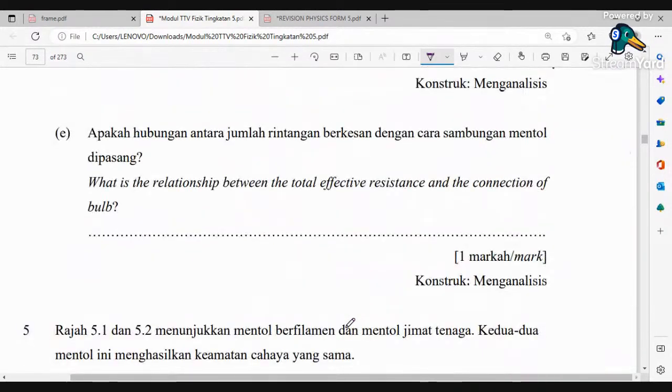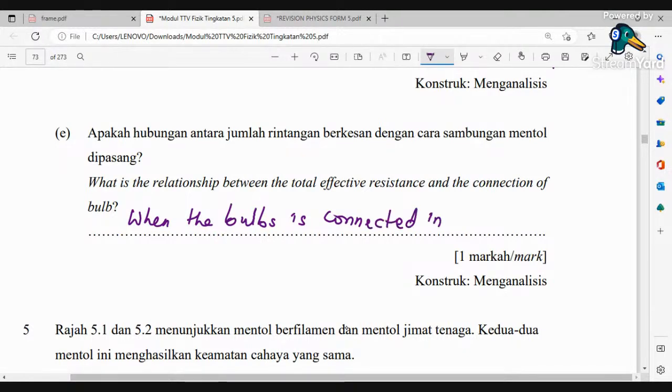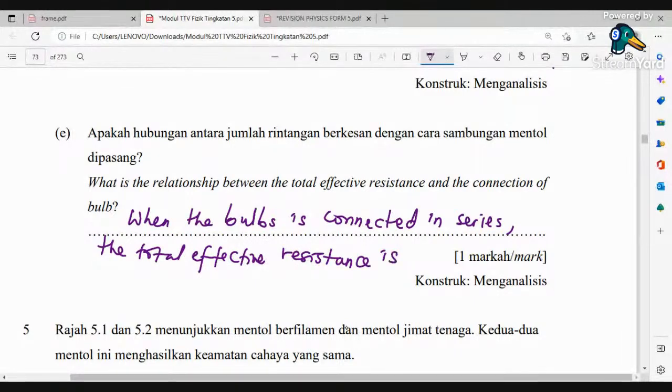Okay, what is relationship between total effective resistance and connection of bulb? When the bulb is connected in series, the total effective resistance is higher.